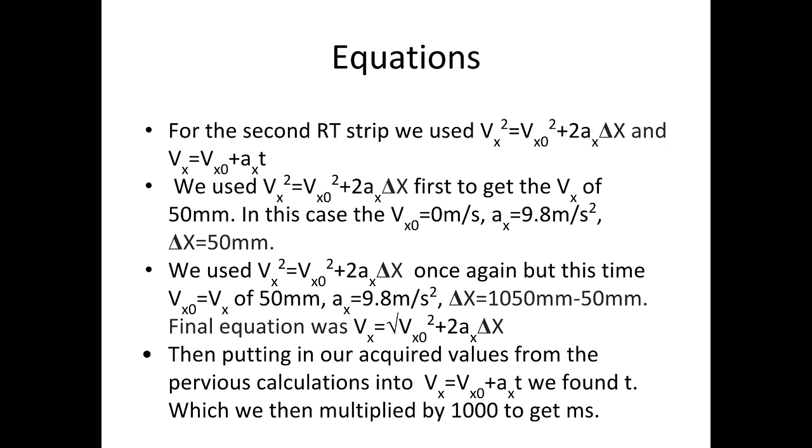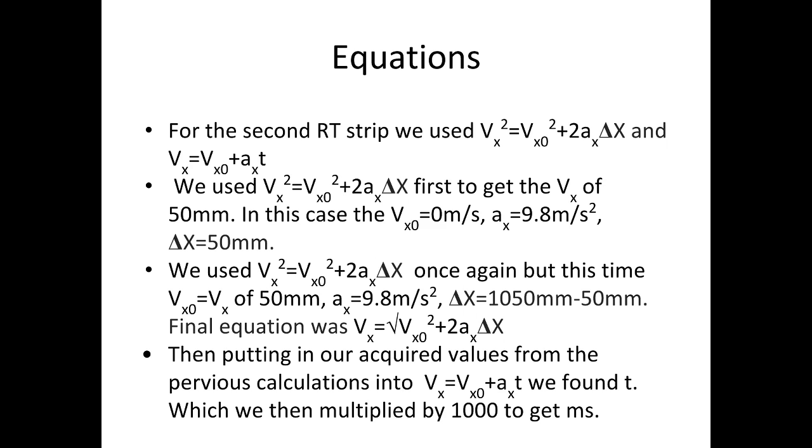We use kinematic equation number 3 once again, but this time Vx naught equals Vx of 50 millimeters, a sub x equaling 9.8 meters per second squared, and delta x equaling 1050 millimeters subtracted by 50 millimeters.